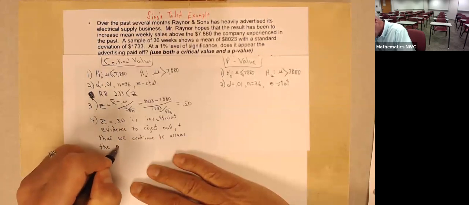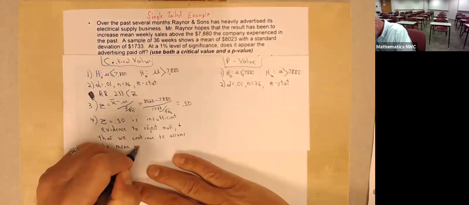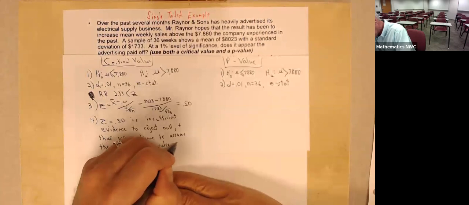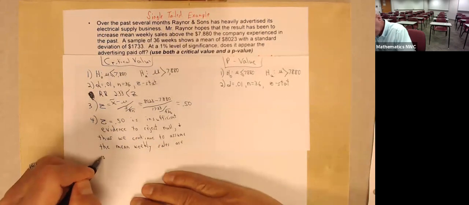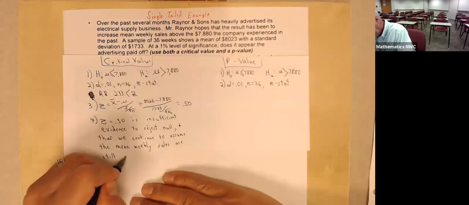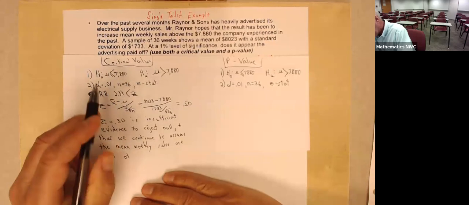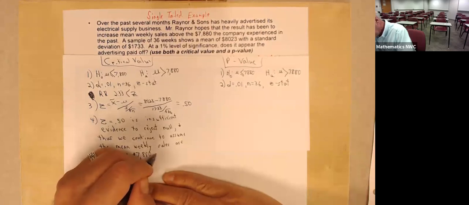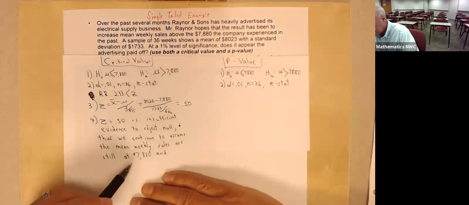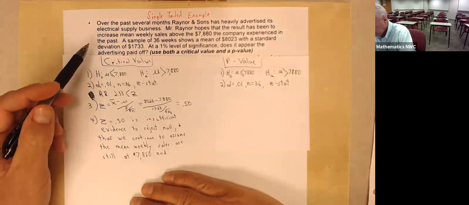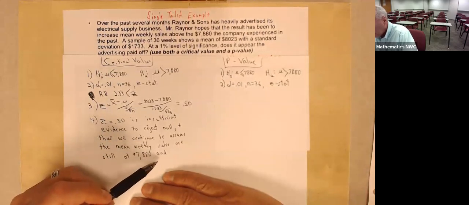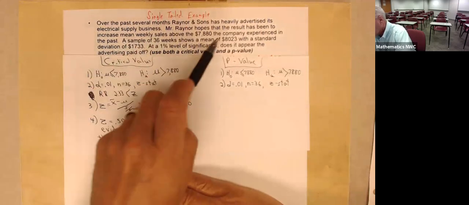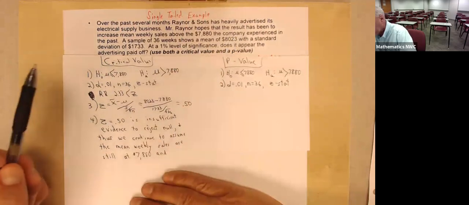and thus we continue to assume the mean weekly sales are still at the 7,880. And I'm going to put this with it because this is kind of significant to the problem. What are we going to do about our decision towards this heavy advertising?